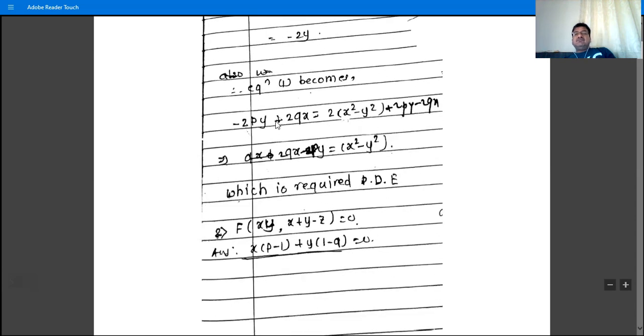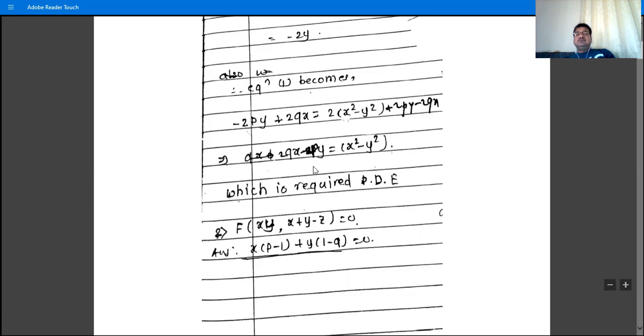And then we have minus 2py, and this minus 2py becomes minus 4py, and this plus 2qx becomes 4qx, is equal to 2x square plus y square.